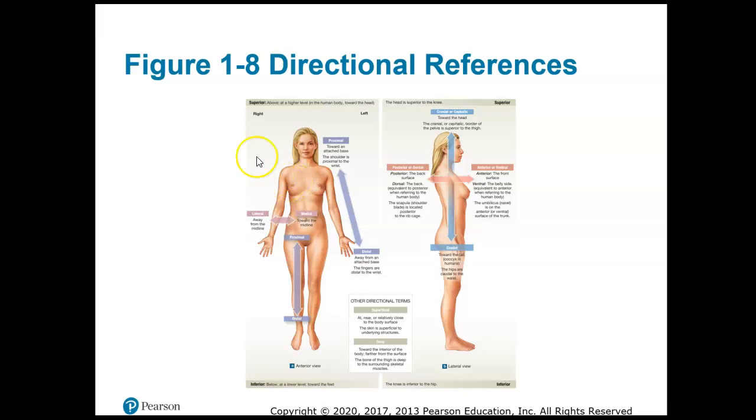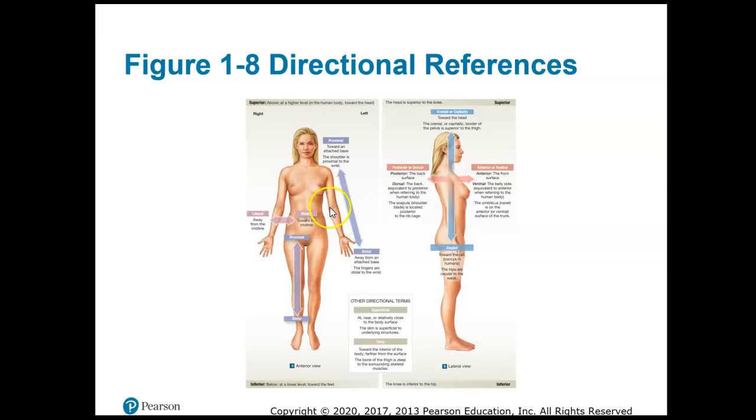But anyway, going back to the directional terms, proximal and distal are kind of tough to understand. When a structure is proximal or distal, we're referring to near or far away from the shoulder joint or the hip joint.